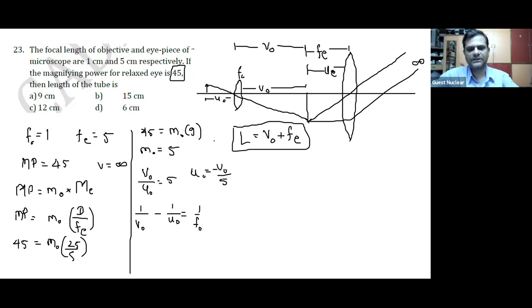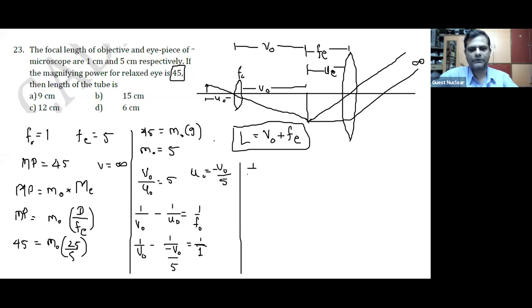So अगर ये बातें हम यहाँ पे रख देंगे तो हमको ये मिलेगा 1 upon VO minus 1 upon UO के बदले ये पूरा डाल देंगे जो कि minus VO upon 5 है. So this is minus VO upon 5, which is going to be equal to 1 upon FO, where FO is already given to be 1 centimeter here. So we can just put it here, and then we can just try to solve.